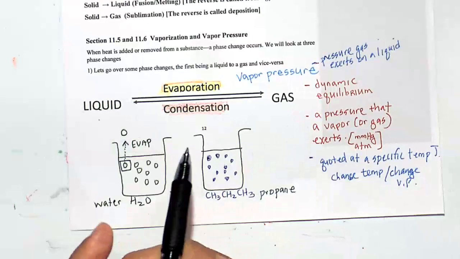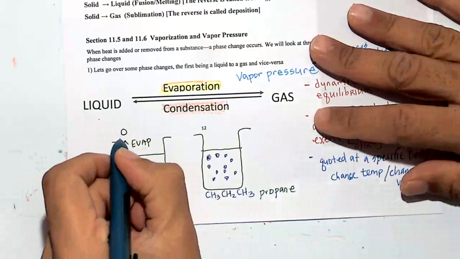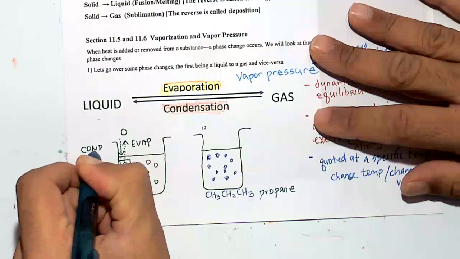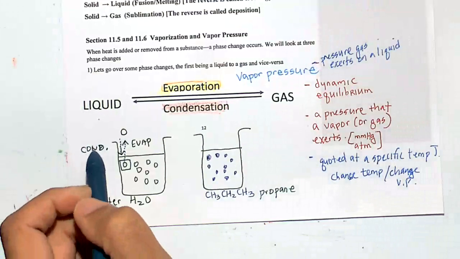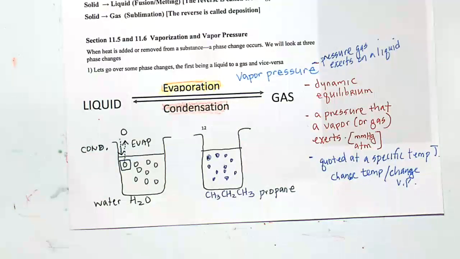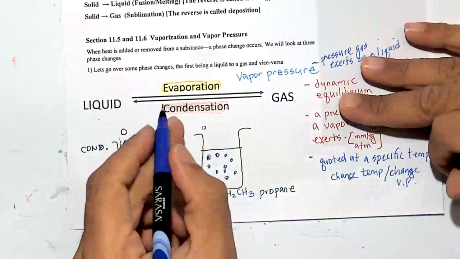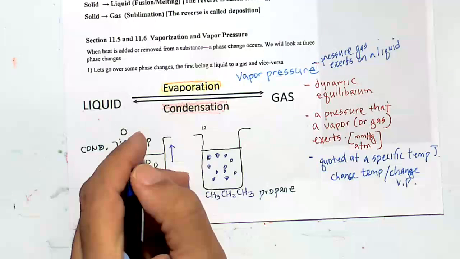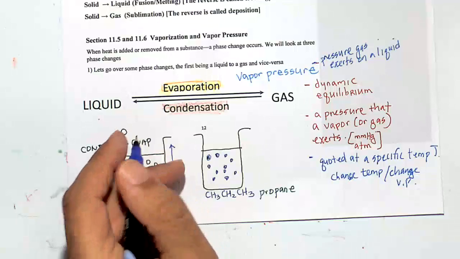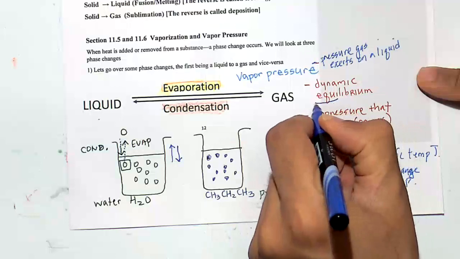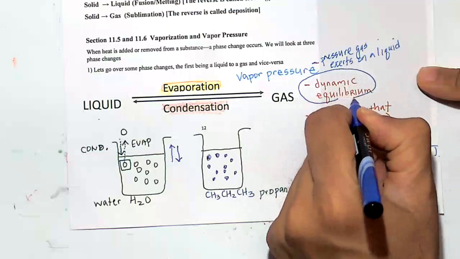What can that vapor do? Remember, vapor pressure is a dynamic equilibrium. So what can it do? It can go back and condense. So here we have this back and forth going. You guys with me? One molecule will evaporate, and another thing it can do is condense, and when it condenses, it exerts a vapor pressure, because this is a back and forth affair.